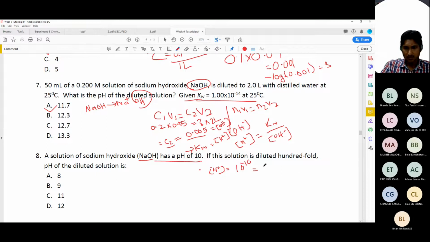So what will be the hydroxyl ion concentration in the solution?